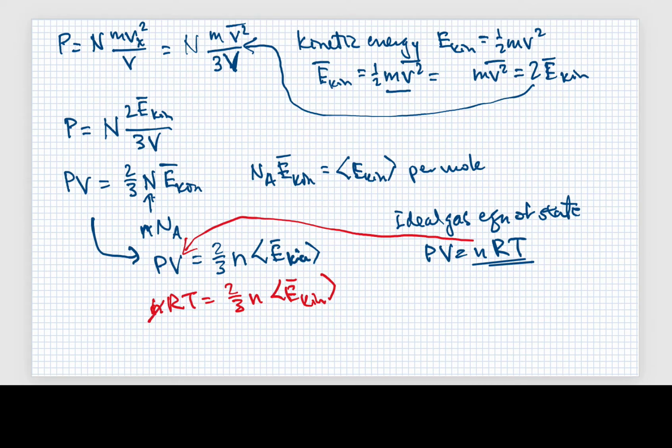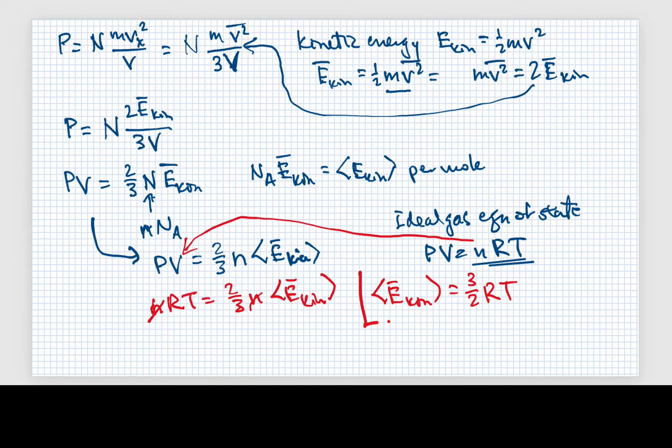And these numbers of moles drop out. Let's multiply both sides by 3/2. I learn that the average kinetic energy for a mole of these gas particles in an ideal gas is just 3/2 times the gas constant times temperature.